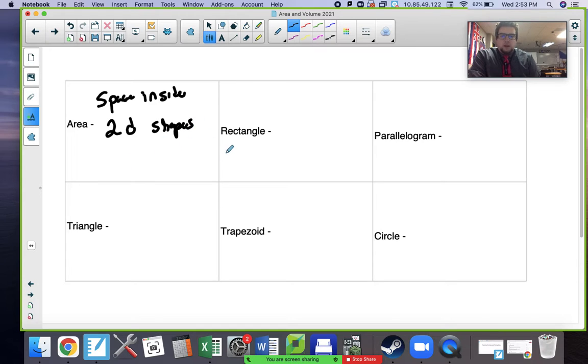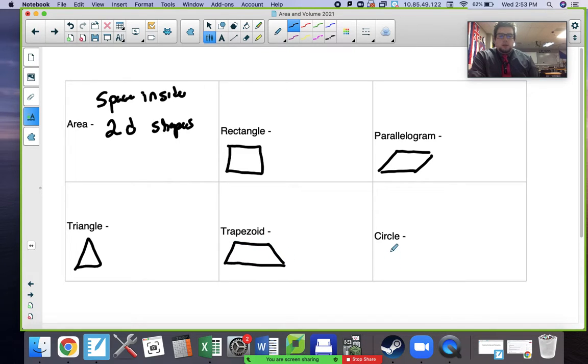So if you have a rectangle, a parallelogram, a triangle, a trapezoid, and a circle, the area is all of the space inside the walls of those respective shapes.